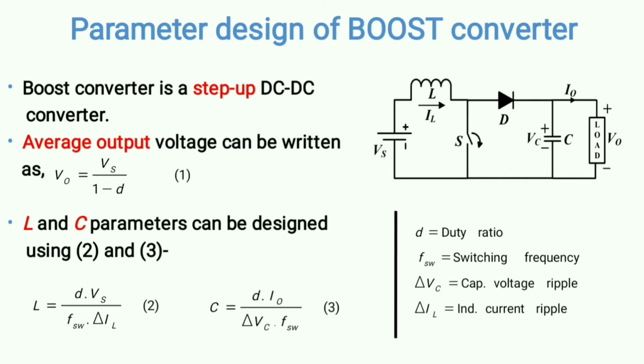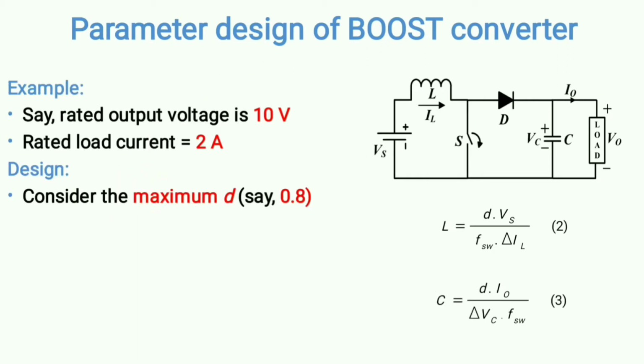It is like maybe 0.7, 0.8, 0.9, but it cannot go towards 1. So always remember, in a boost converter you have to set a maximum limit of duty ratio which is always lesser than 1. I have chosen the maximum duty ratio as 0.8. That means the duty ratio cannot go beyond 0.8.